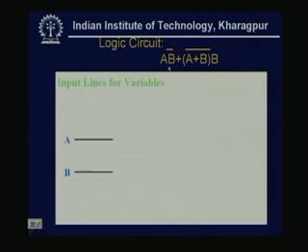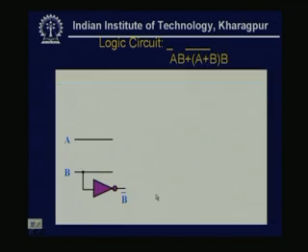Now, there are two variables only, A and B. So, I give two lines A and B. Now I have another variable needed, that is complement of B. So, this is the B complemented line.